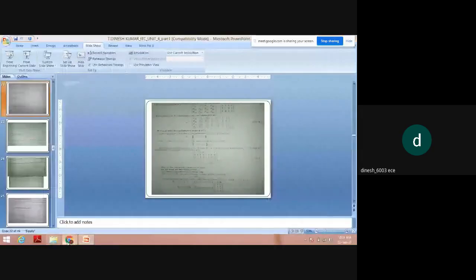Let me see for any queries or doubts, because the remaining is what we had done in the previous problem. From that we'll be finding code vectors. I'll check for any queries or questions on determining the generator matrix. Then we'll proceed.